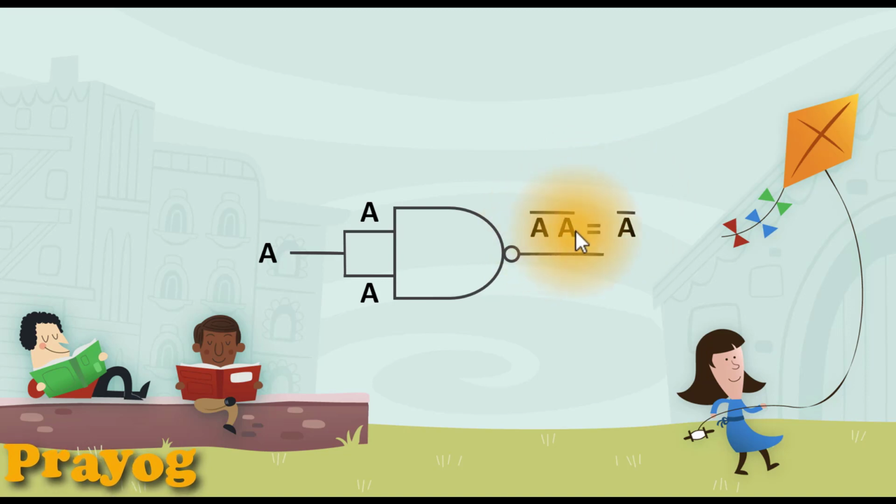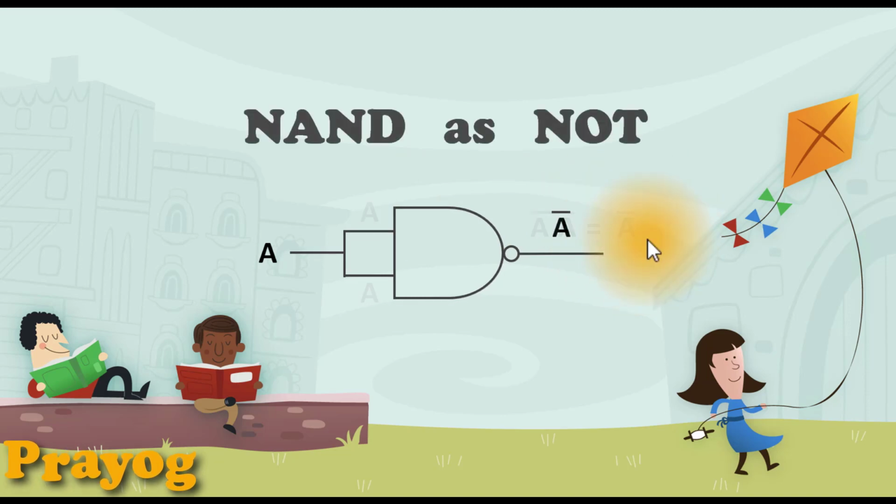A into A becomes A and bar remains as it is. Please recall the operation of NOT gate. You must be remembering the output of a NOT gate is A bar. That means NAND gate is now working as NOT gate. By using NAND gate, we are able to achieve the output of NOT gate. NAND is working as NOT gate.